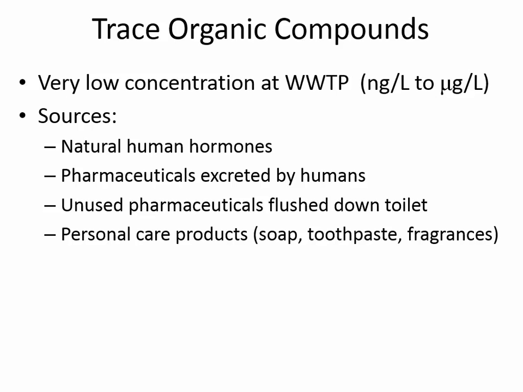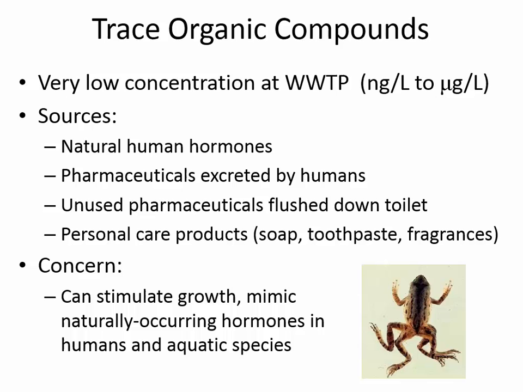All of these things have been found to mimic hormones that are supposed to be limiting growth and only present in living tissue at a certain concentration. So even though the concentrations in the wastewater treatment plant are very low, in the range of nanograms to micrograms, those concentrations are enough to affect the organisms that are living in the discharge stream.